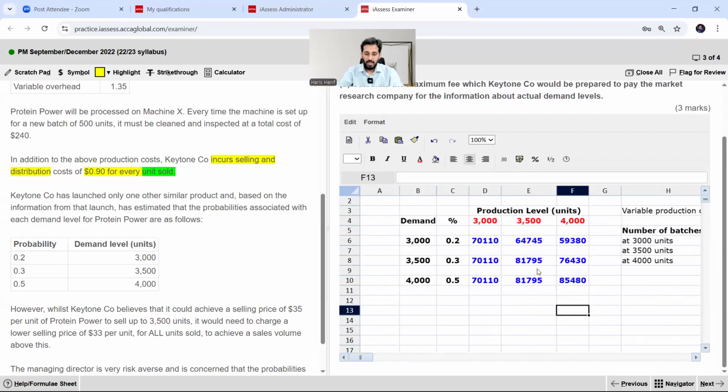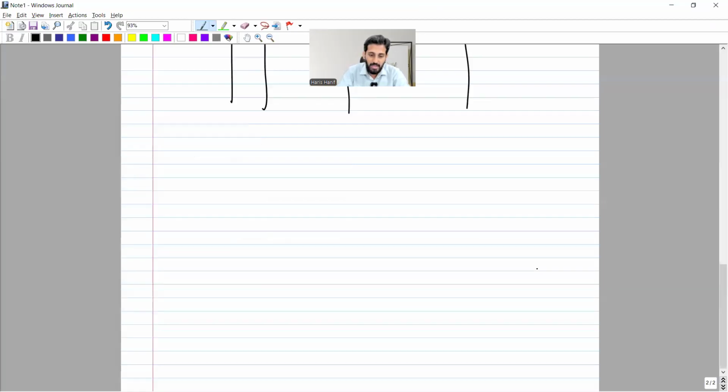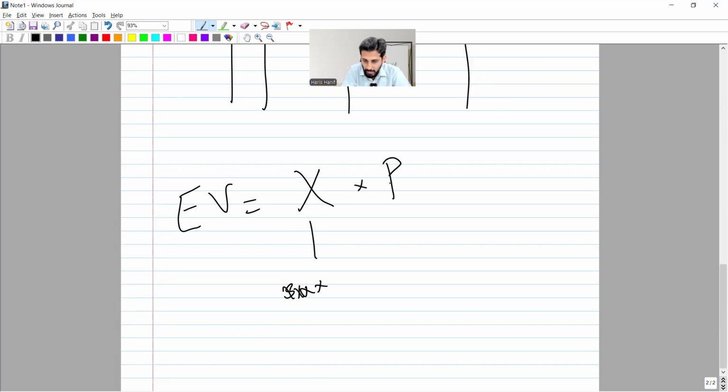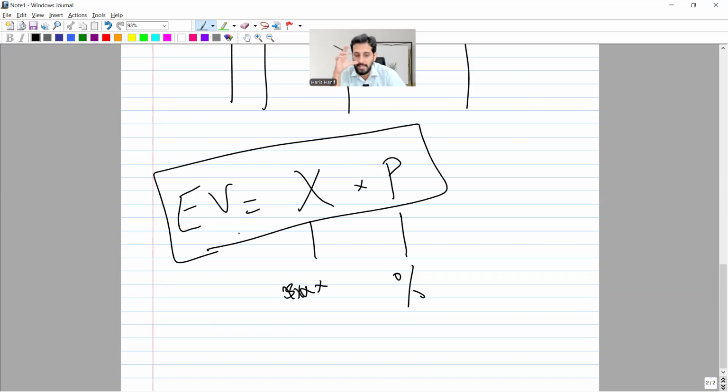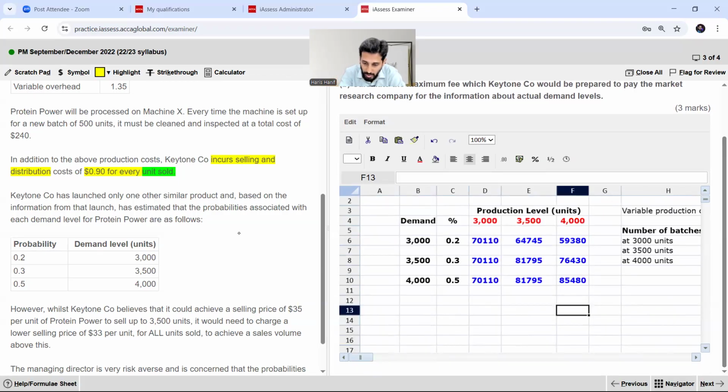Expected value means, if I can show you on my rough page, this is my EV, that is whatever the amount you have to multiply with P, that's called probabilities, right? So if I go to the 3,000, let's say for example, I have to calculate expected values.